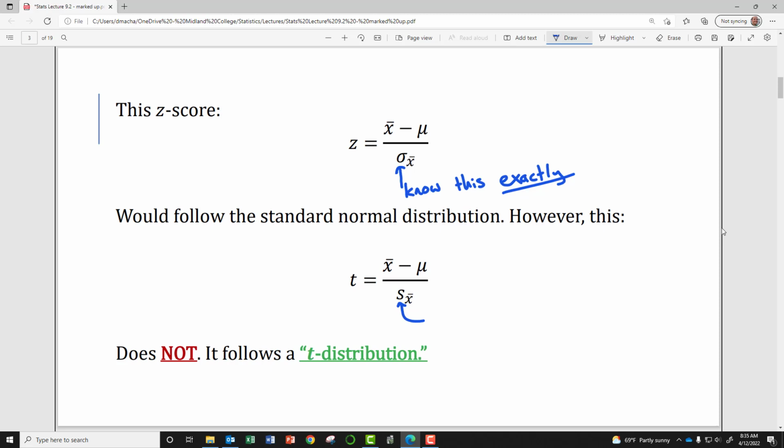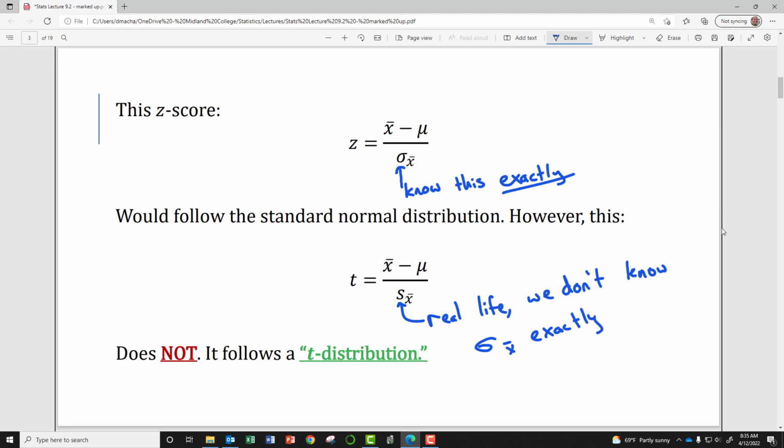Remember, the sample standard deviation is just a statistic that provides our best guess of the parameter, which is the population standard deviation. So in real life, we don't know this parameter exactly.